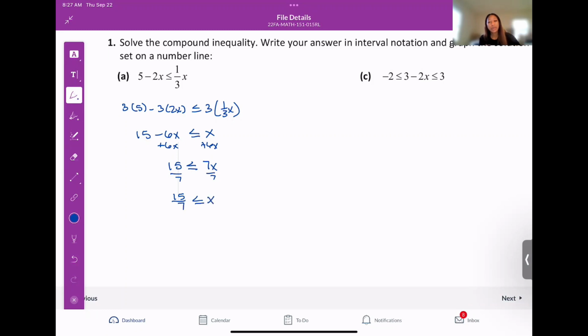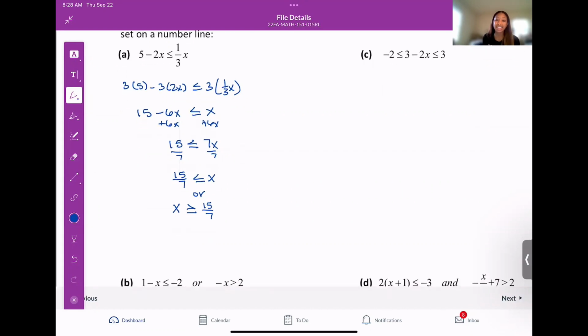to x. Now you have to be careful with the way that this is written, because usually when we read inequalities, we read them from left to right, and we want our x to usually be on the other side. So we can write this the other way also. This is also saying that x is greater than or equal to 15 over 7. You can write it either way.